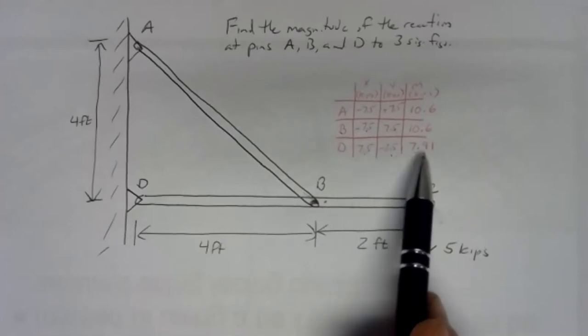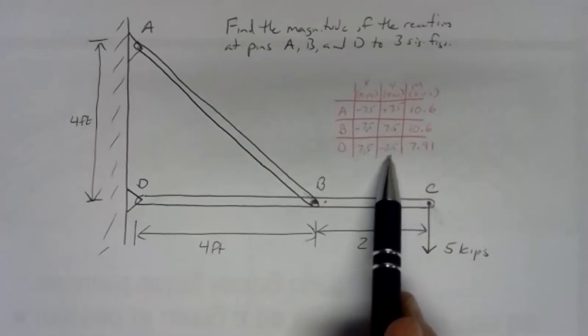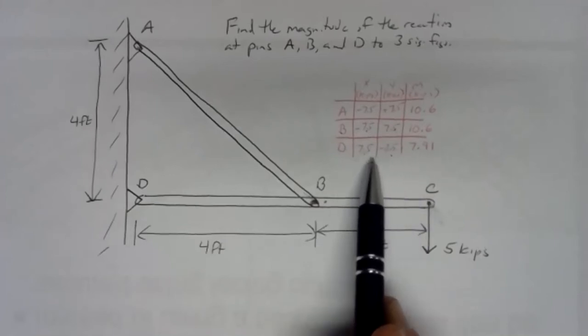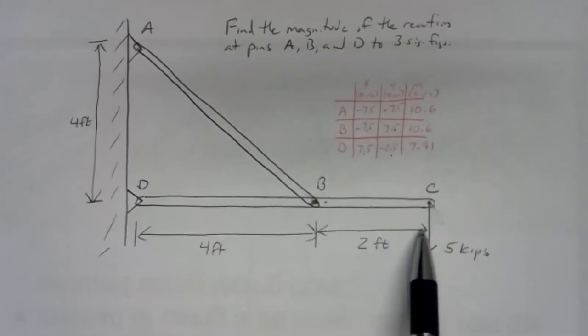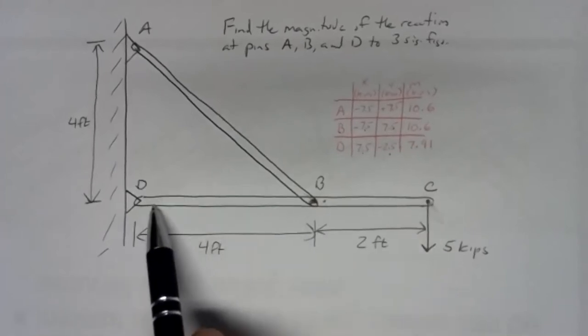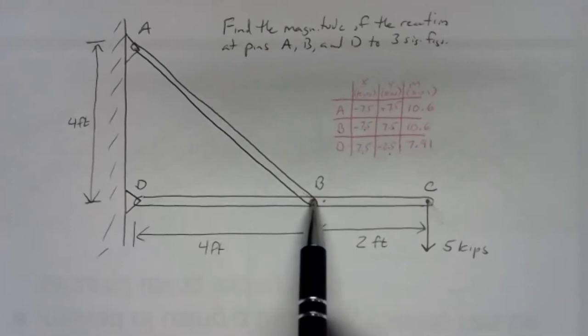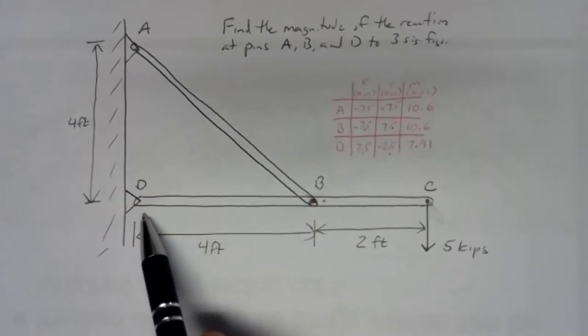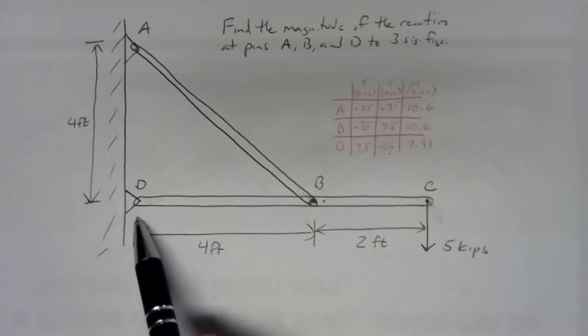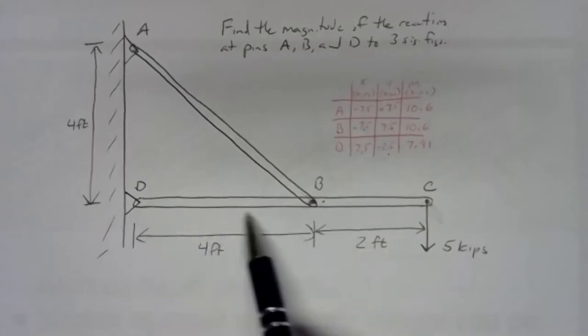With D, we can see what's going on, and it's negative 2.5 here, because if you think of this as a lever, if we're pulling down here at C, further away on the opposite side of this pivot point, this is going to try to go up. So D has to be holding it down. D has to be pushing down to keep this horizontal.